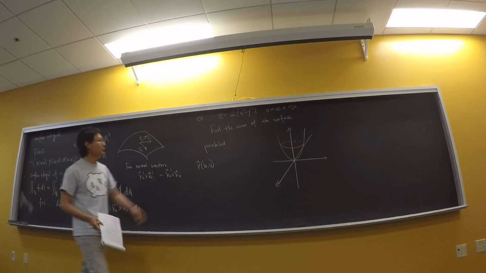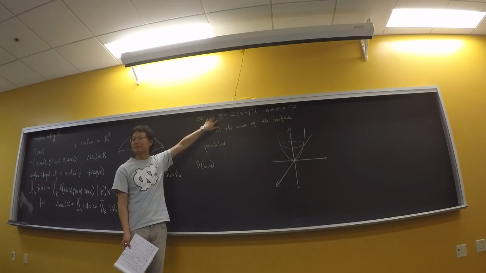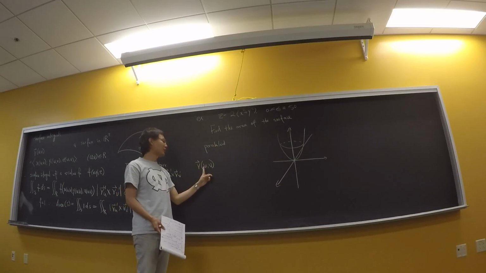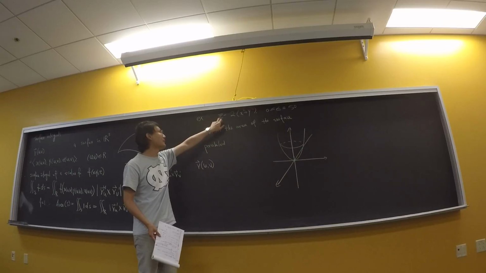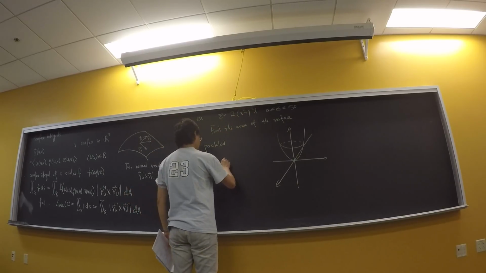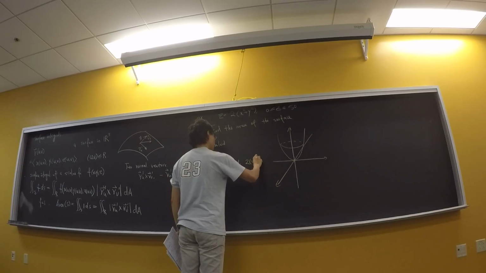And for this particular equation, what rule do you want to assign for u and v here? The easiest choice is probably I just choose u to be x, v to be y, and z is given by a function of u and v, right? So that would be the easiest choice: u, v, and 2u squared plus v squared.